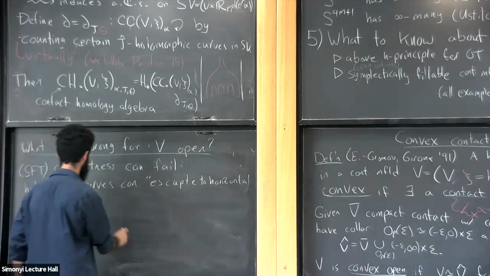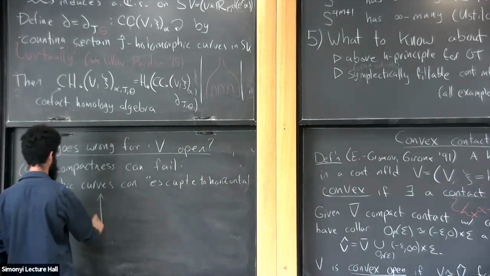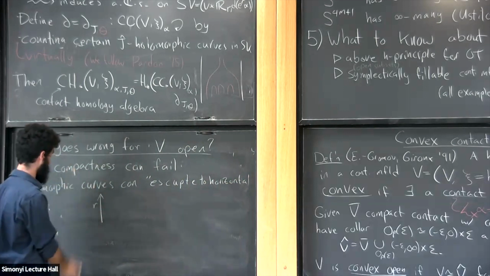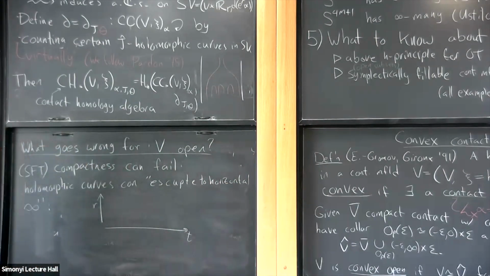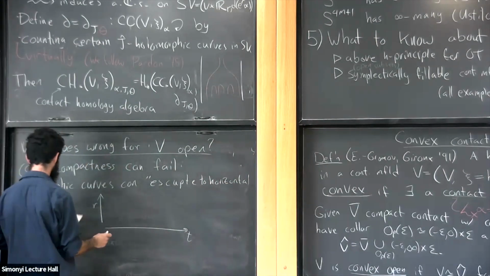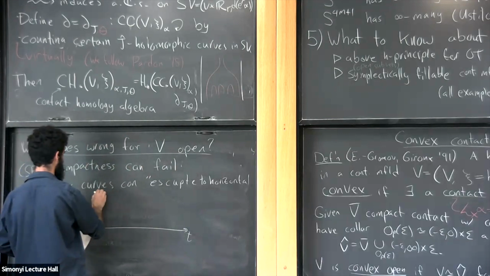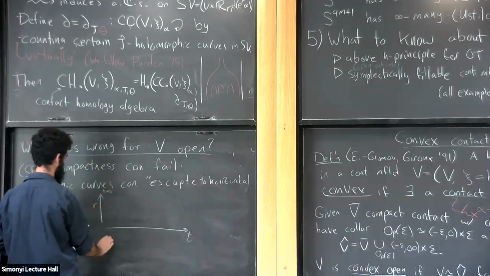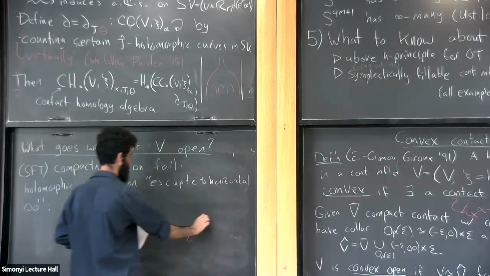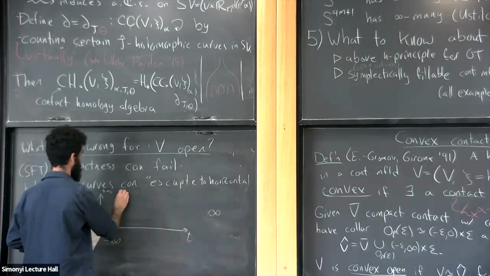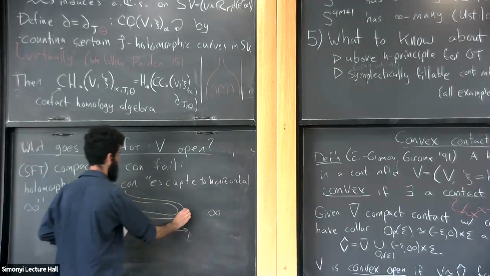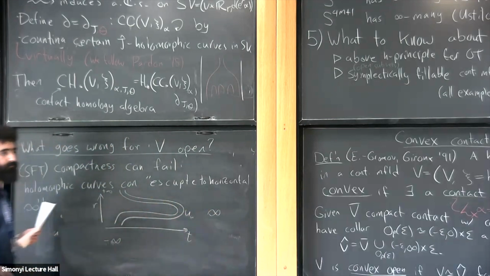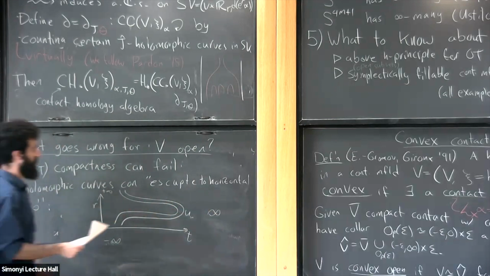So the picture looks like this: inside our symplectization, we have the usual symplectization coordinate, and additionally this t coordinate on our convex end. I'll call the directions plus infinity and minus infinity, so I'll just call it infinity. You could have a sequence of holomorphic curves going further and further out, and then they wouldn't have a convergent subsequence in the moduli space.